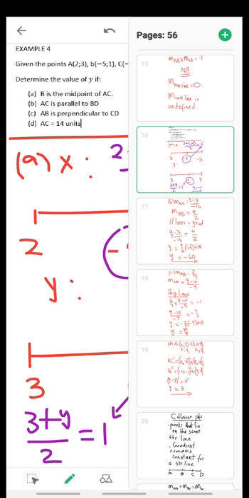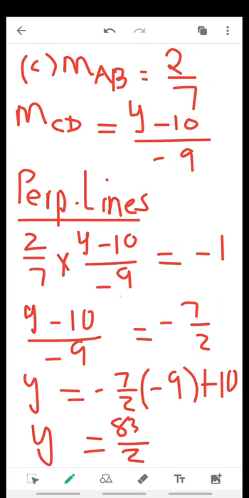So the first thing that we need to do is find the gradient of AB, find the gradient of CD, multiply them, equate them to minus 1, and then find the value of y. Alright, let us see. The gradient of AB, remember I didn't do the calculation here, I'm only showing you what the gradient of AB is.